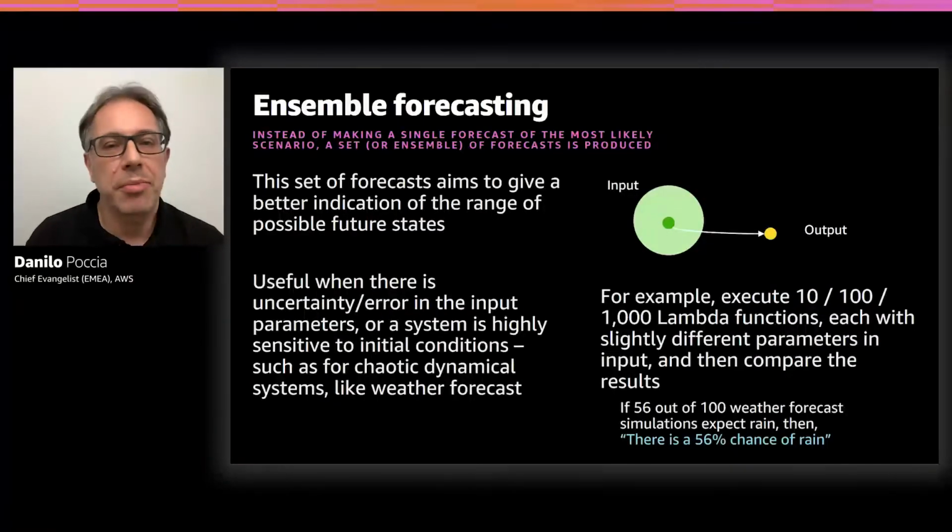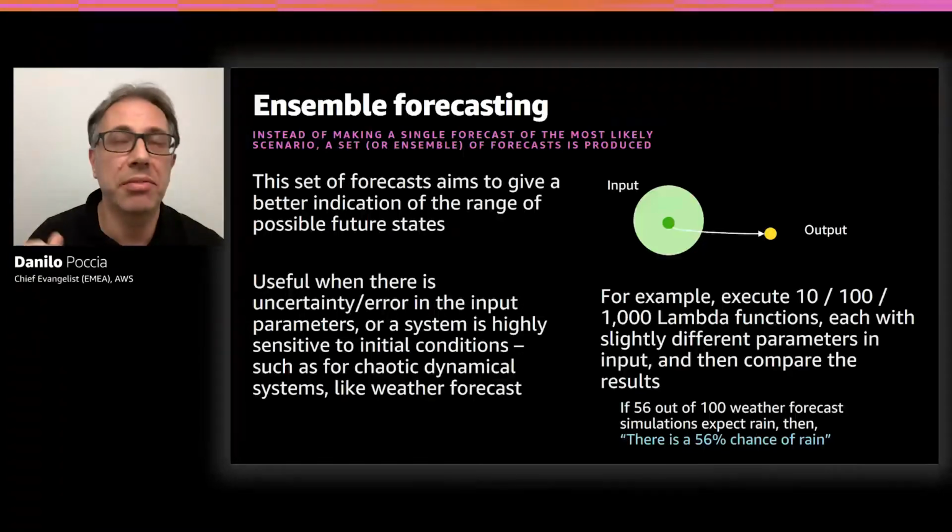Another category of methods is the ensemble methods, where you normally create a set of samples or iterations, and then you analyze this set. And a classic example is ensemble forecasting. The idea here is that sometimes a forecast is very dependent on the initial condition.